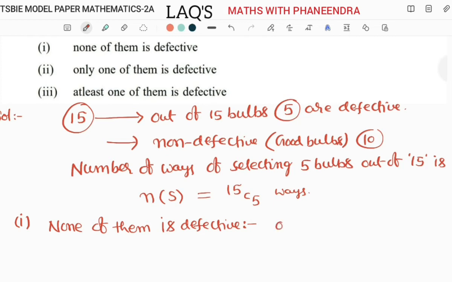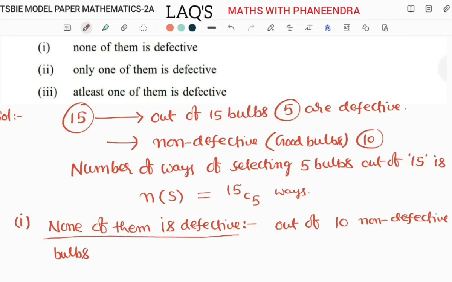So out of 10 non-defective bulbs, we can select 5 bulbs in 10C5 ways.